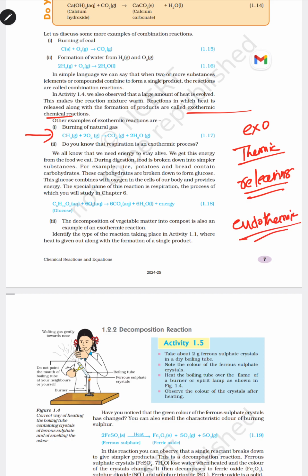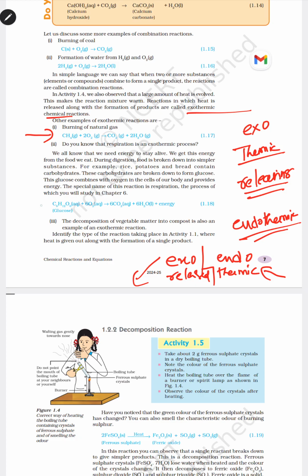Please observe the difference. Exo means heat will be released, and endothermic means heat will be taken inside. Like this you can remember, right?